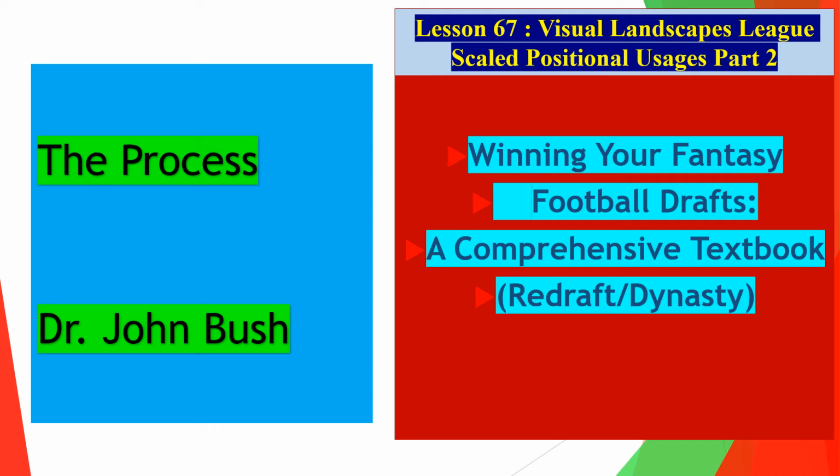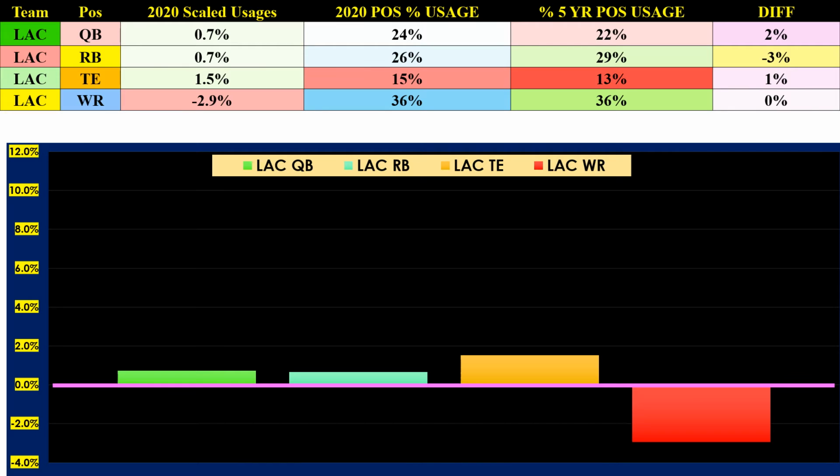That does occur. So this is the Chargers, and when I said scaled usages, this means across the league. We can interpret the quarterback as going up 0.07 compared to the rest of the league, so it's above average. 1.5 is nicely above average. 2.9 is below average.